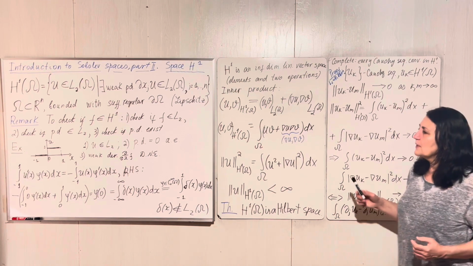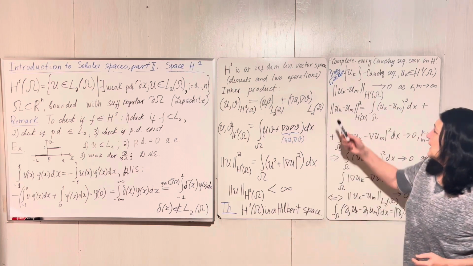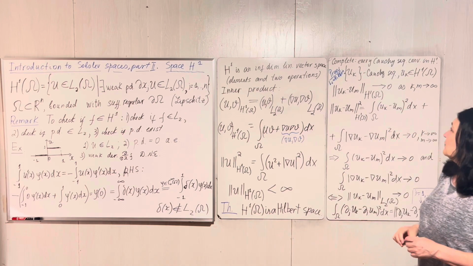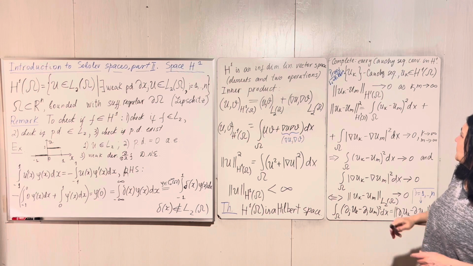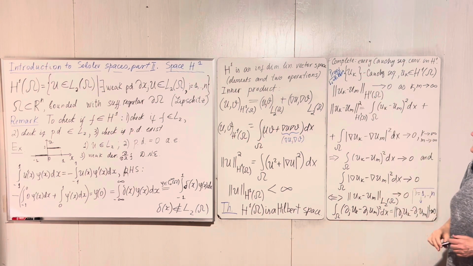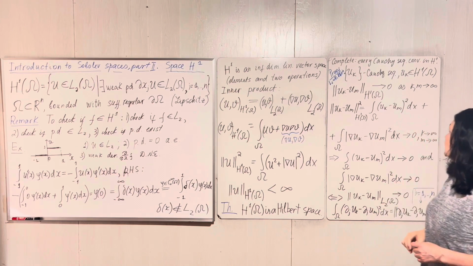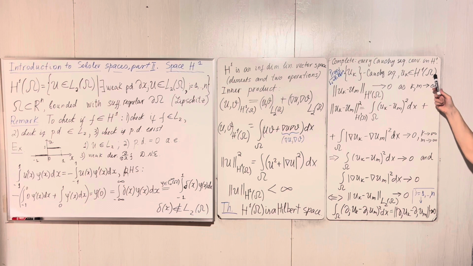The proof is based on the fact that L2 itself is Hilbert. So how to prove this? We can consider a sequence u_k, a Cauchy sequence, such that each element belongs to our space H1.